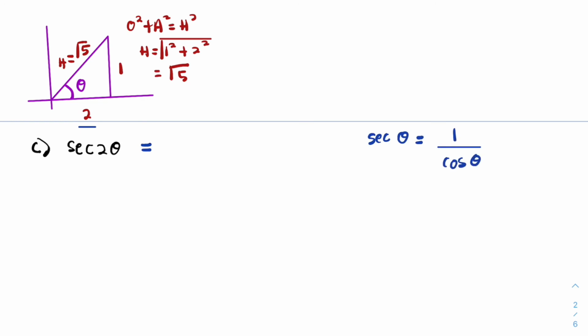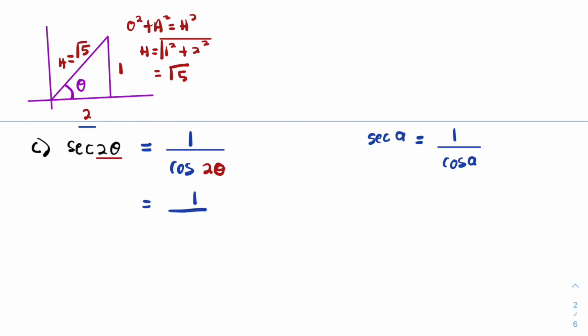But since this one is 2 theta, this changes to 2 theta, and over here also needs to change to 2 theta. Or else I can just put secant A over cosine A, same thing. Right? So basically this is 1 over cosine. If this is 2 theta, this one will give you 2 theta. Do you have the formula for cosine 2 theta in the formula list? You do. What you do is just rewrite the formula.